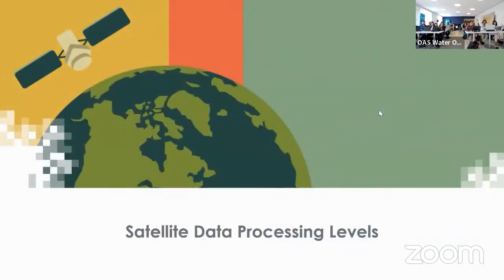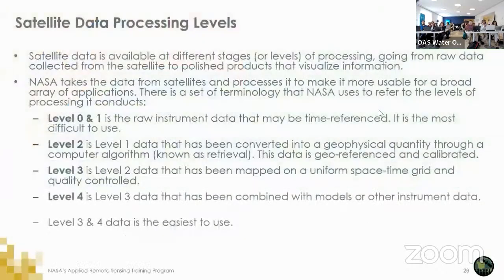So I'm going to go briefly through processing levels. Once the spacecraft is launched, and once the data has been gathered and sent back down to NASA, they need to do processing so that it can get into our hands to do the science with it.